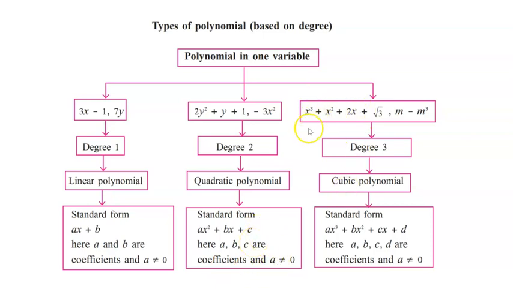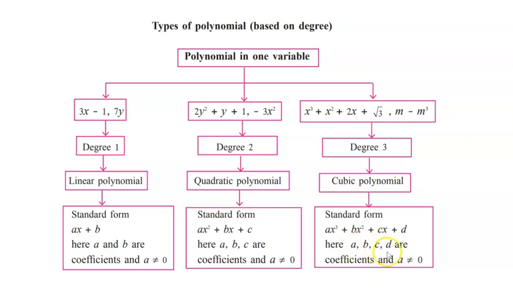Next, x cube plus x square plus 2x plus root 3 ही एक पॉलिनॉमियल आहे. दुसरी पॉलिनॉमियल काय? m minus m cube. Then what is the highest power here of the variable x? It is 3. Here the highest power of variable m is also 3. Therefore the degree of this polynomial is 3. It is a cubic polynomial and its standard form is ax cube plus bx square plus cx plus d.